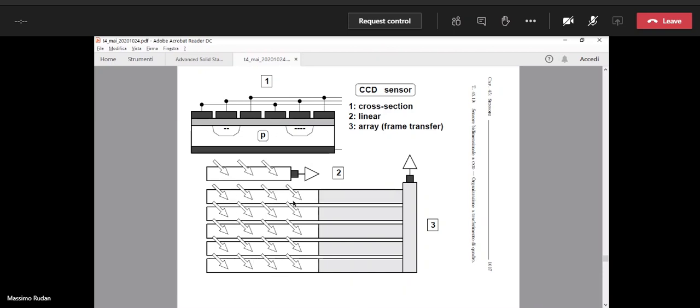The issue is that when we shift the charge packets along the CCD, the light keeps coming in. So the optical generation does not stop during the transfer of the charge packets into the reading device.